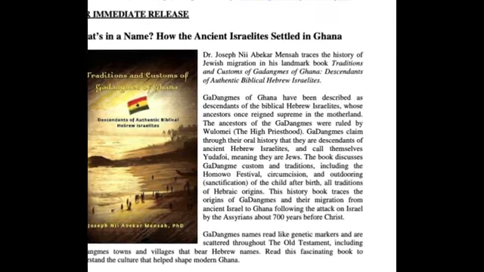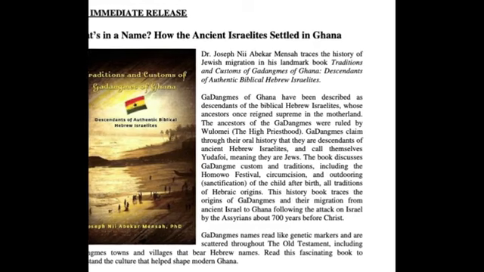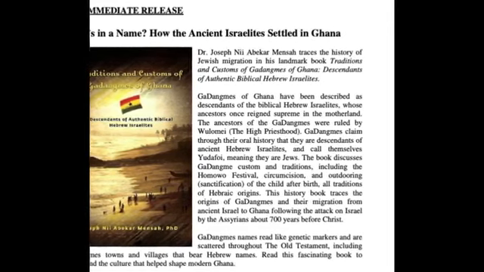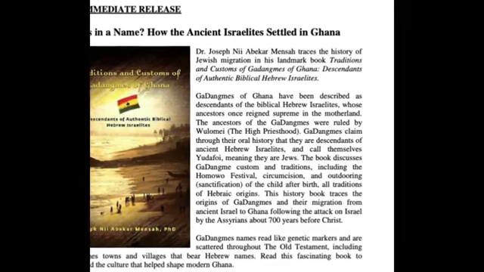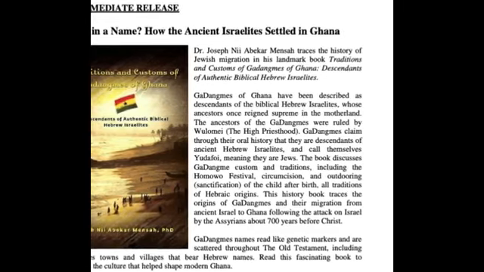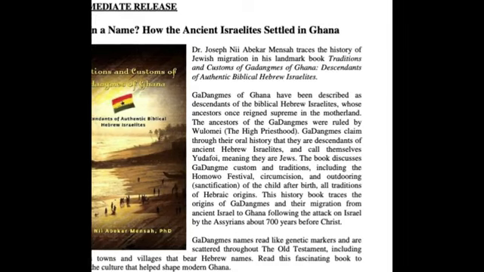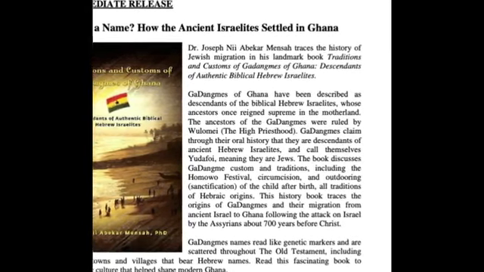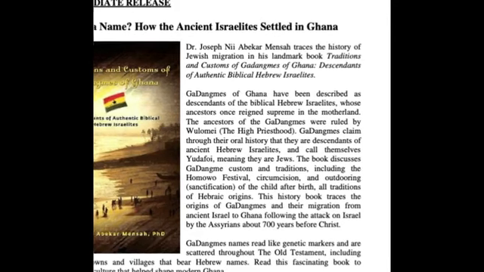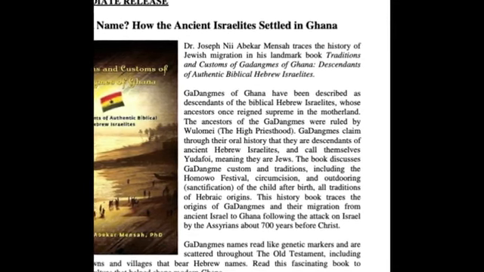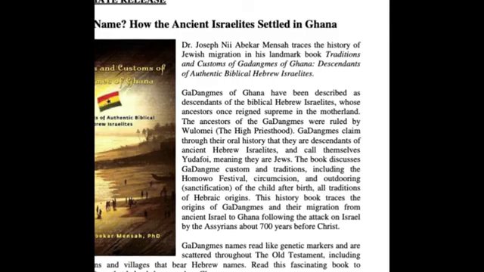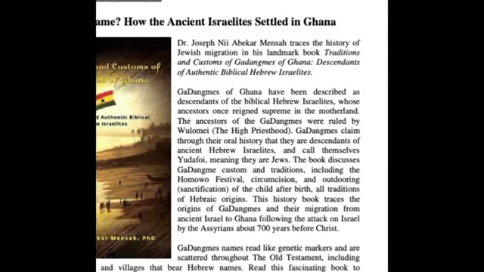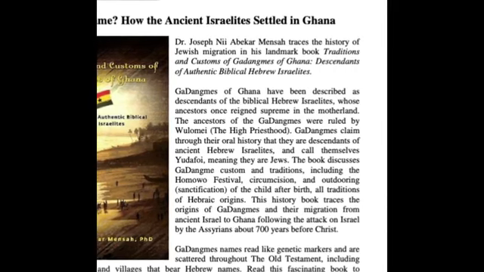The book discusses Gadambe customs and traditions, including the Homo Wo festival, circumcision and outdooring, sanctification of the child after birth, all traditions of Hebraic origins. This history book traces the origin of Gadambe and their migration from ancient Israel to Ghana following the attack on Israel by the Assyrians about 700 years before Christ.